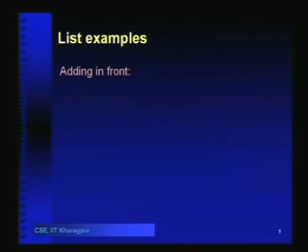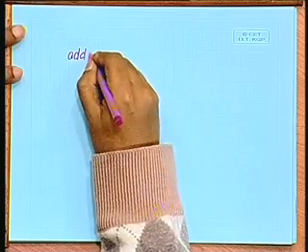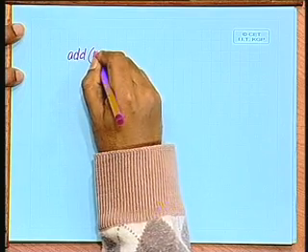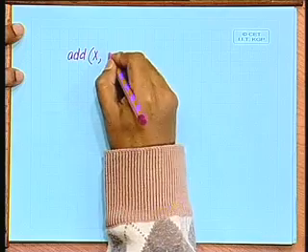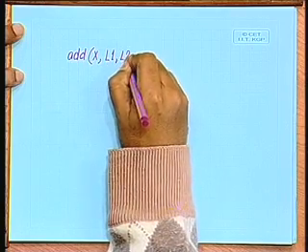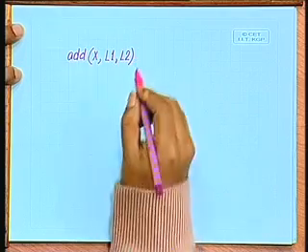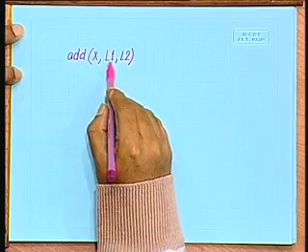So we have: add an element x into a list L to get another list. How are we going to write this? So add x to L1 to get L2.